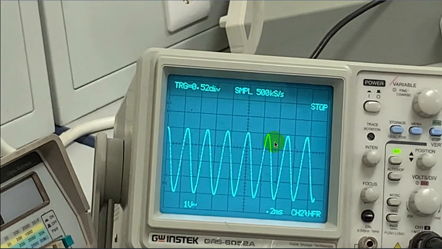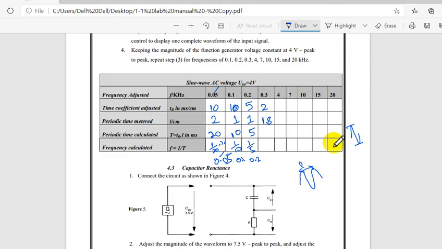So how much is it now? From this point to this point, it is coming at this point, so it is 1.4. The deflection coefficient is 0.2, so 0.2 into 1.4.